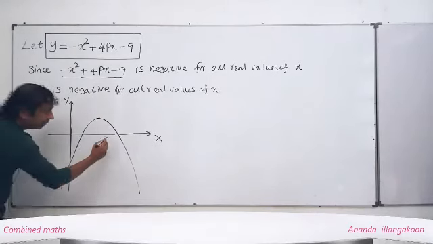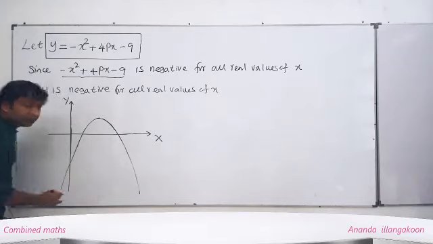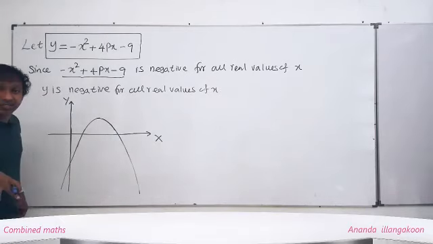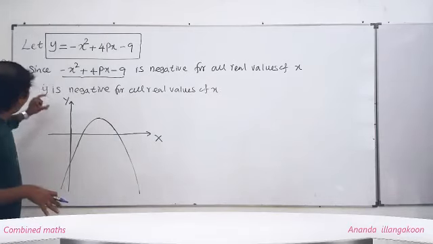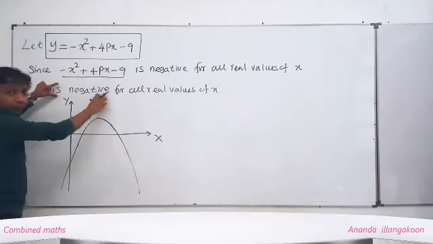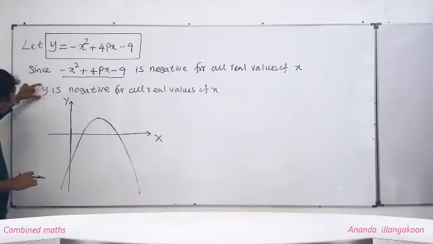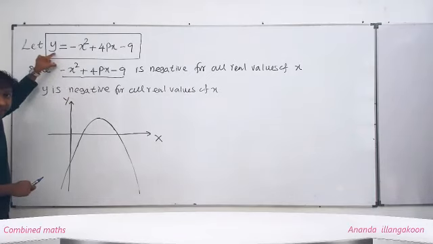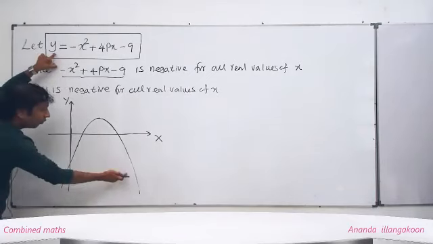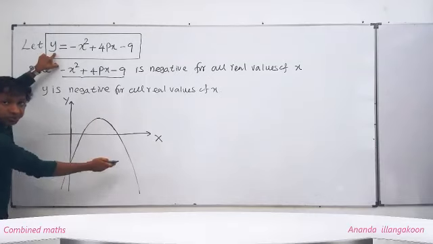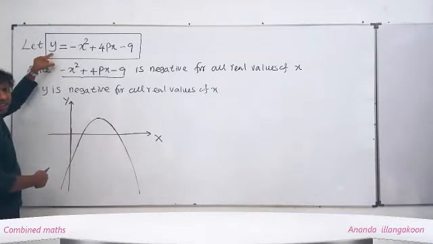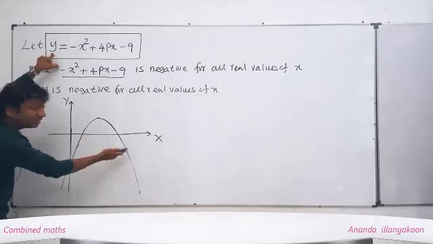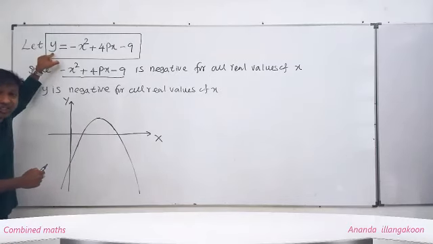Now, people, let's see another interpretation for the statement given. People, now y is negative. What is the meaning of y here with respect to this graph? This y is really the y coordinate of this graph. What is meant by y coordinate?